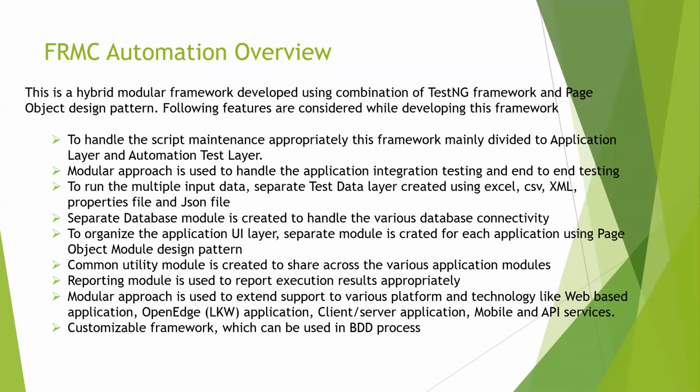Page object model means that, from a maintenance point of view, all the objects on an individual page we keep separately, so maintenance becomes very easy. When an element's address changes, it's just one place you change, and it doesn't affect the whole application. You don't need to change multiple places.